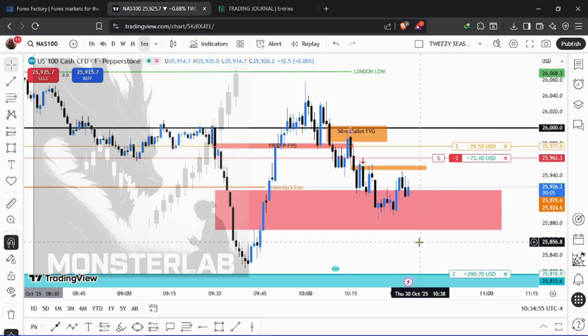Price is kind of moving slow at the moment. We are at the high of the 5 minute fair value gap, which is pink, and looks like price is coming back to my entry. So we'll just have to wait and see what will happen.